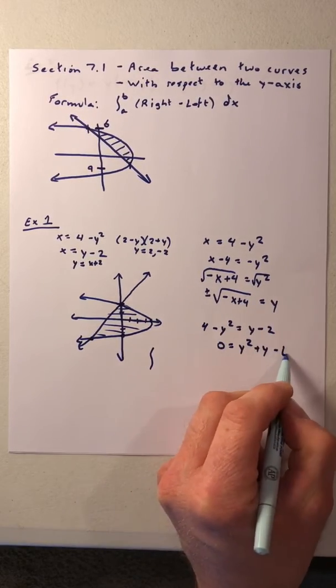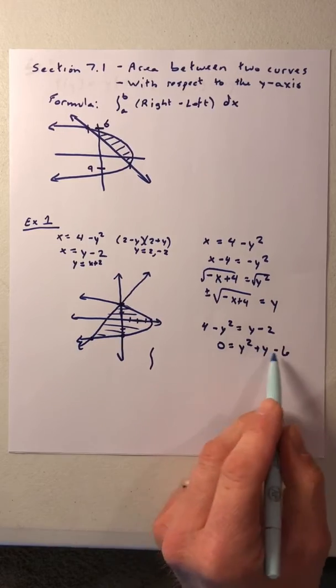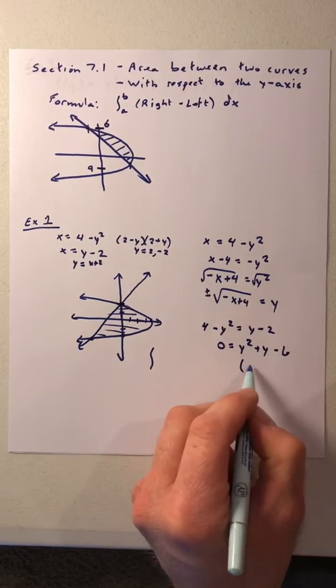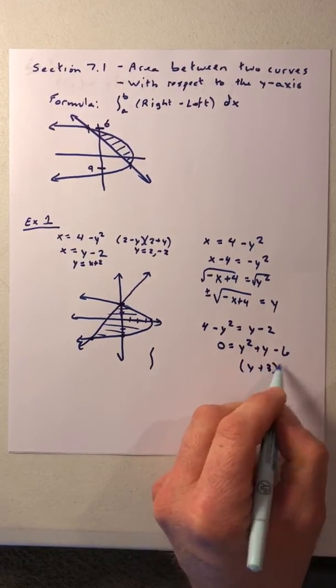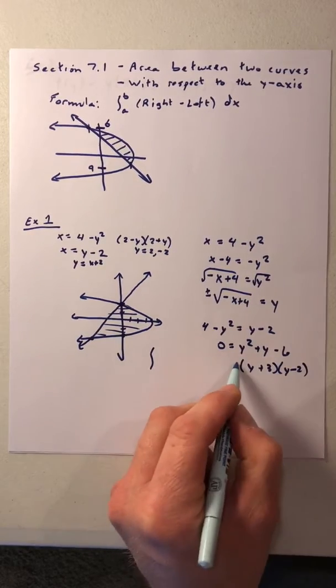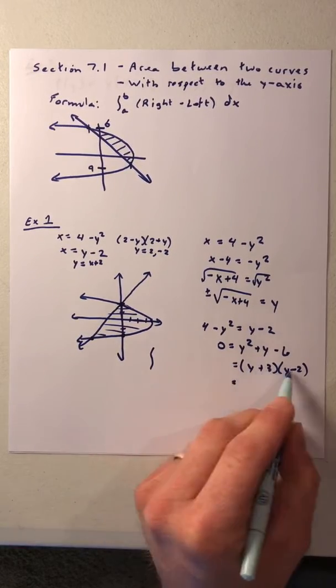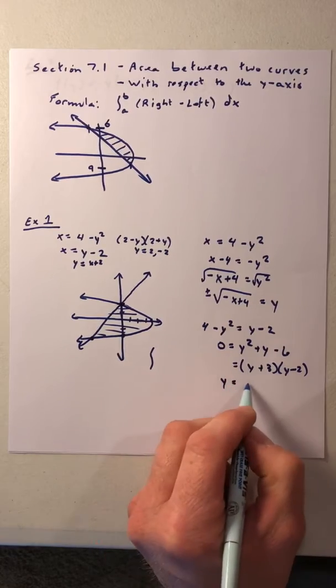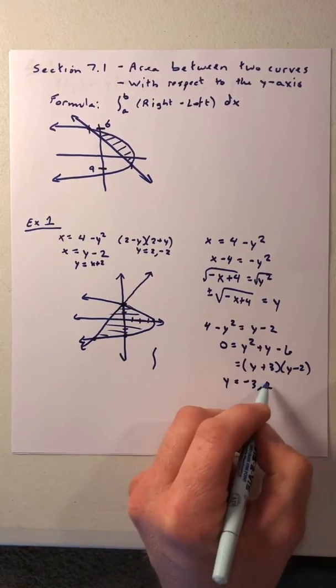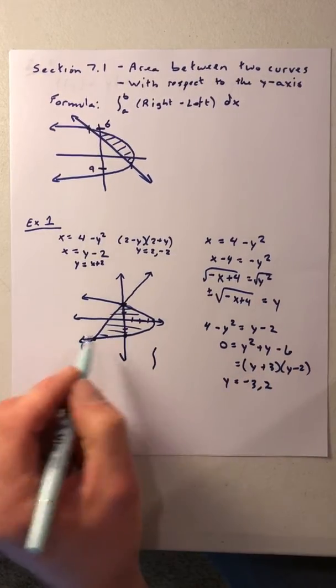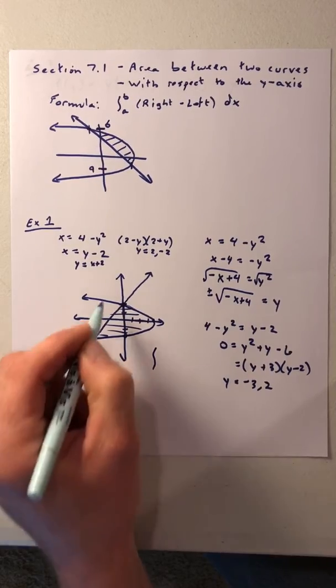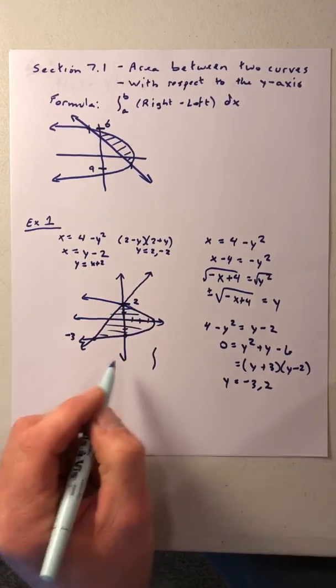Then I can subtract my 4 and we get 6. So we get y squared plus y minus 6. If I factor that, I get y plus 3 and y minus 2. Setting each of those equal to 0, I know that y is going to equal negative 3 and 2. So again, I know that this value is negative 3, this value up here is 2.